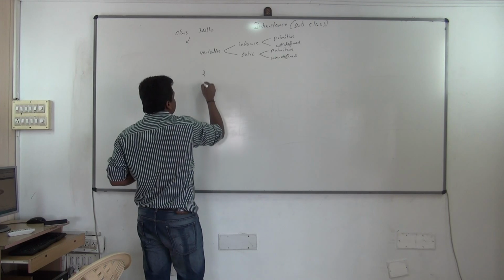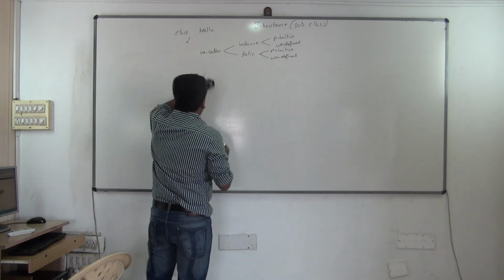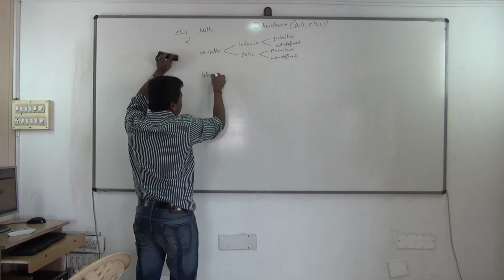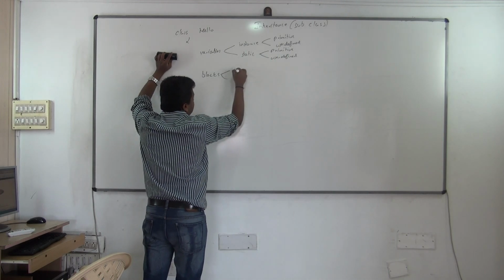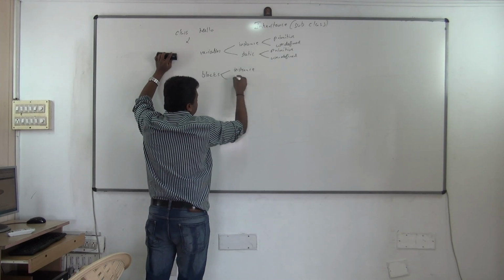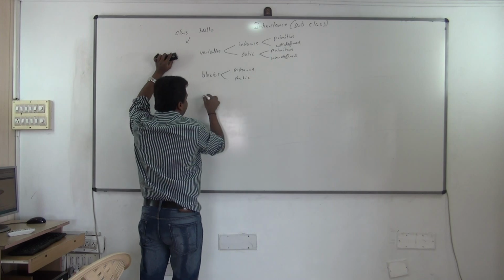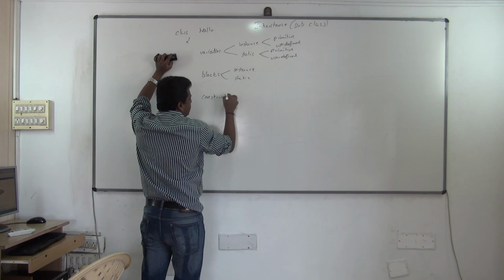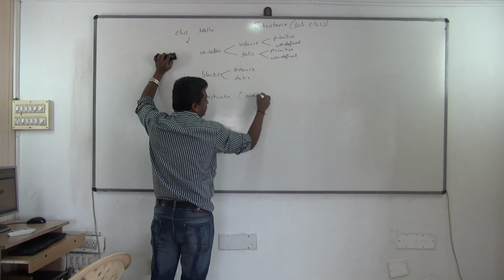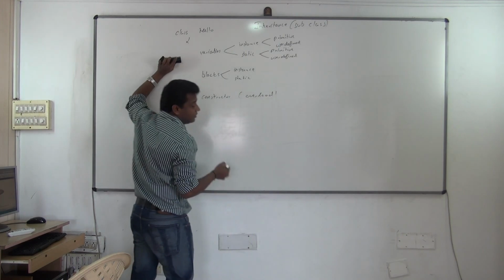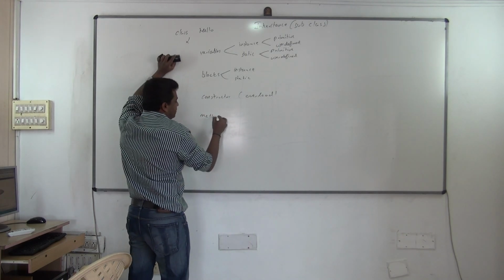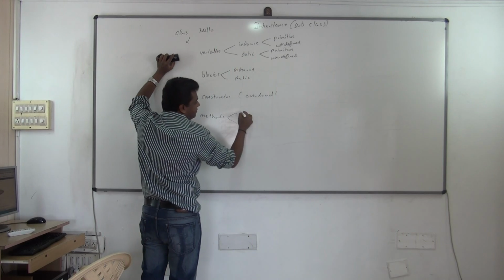Then you'll have blocks. So when you write a class, you should think about all this now. Instance block, static block. Similarly, you can write constructors and you can overload constructors now. And then you can have methods. Methods also, what all you can have?